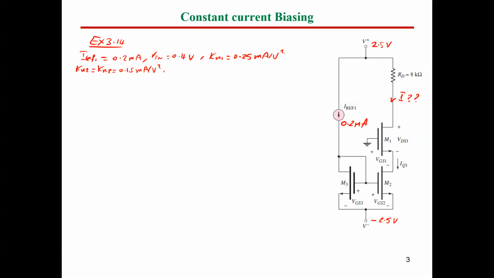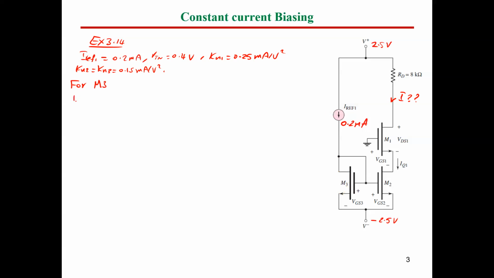So we can start from MOSFET number 3. For M3, we know that the current is given. So I drain is well known, which is I ref. So I reference equals I drain, which is 0.2 milliampere.